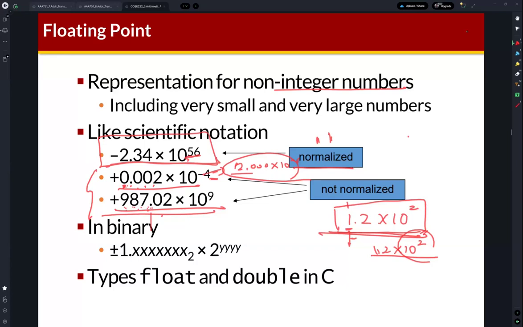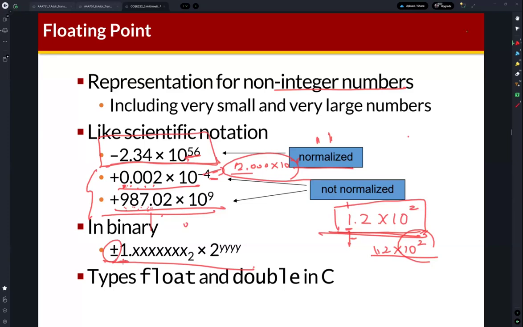It's the same in the binary form. We can also define a normalized form of floating point numbers. So this is the normalized form of the floating point number. We can find the sign, plus or minus, obviously. And then in the normalized form, the floating point number in the binary system starts with 1. It cannot be 0, and each digit can have only 1 or 0.